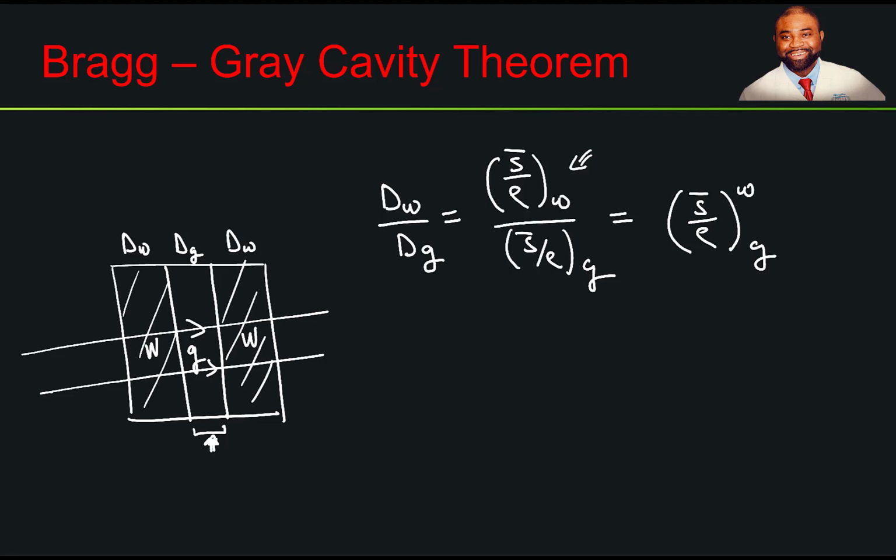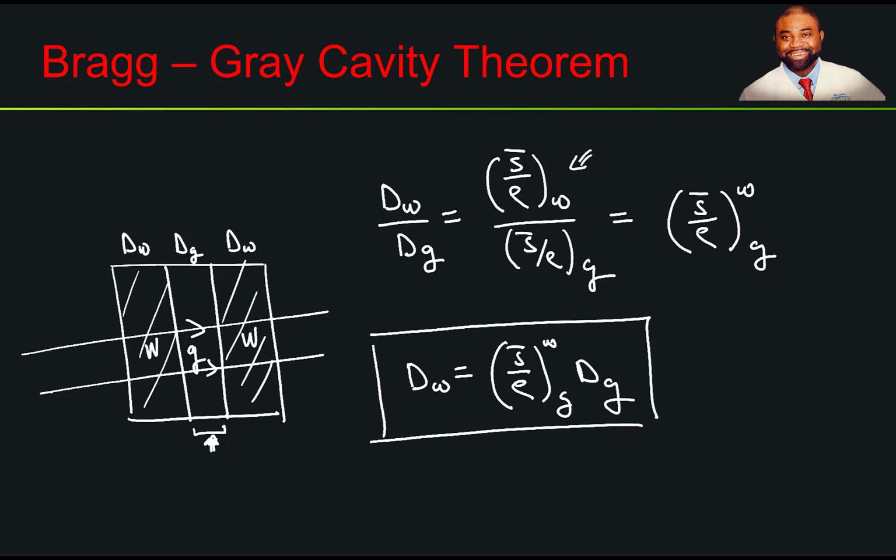Now recall that the theory requires that charge-particle equilibrium exists, and for it to exist, the two conditions must be fulfilled. And if that is true, then we can say that the dose deposited in the medium is equal to the ratio of the unrestricted mass collision stopping power multiplied by the dose deposited in the gas.